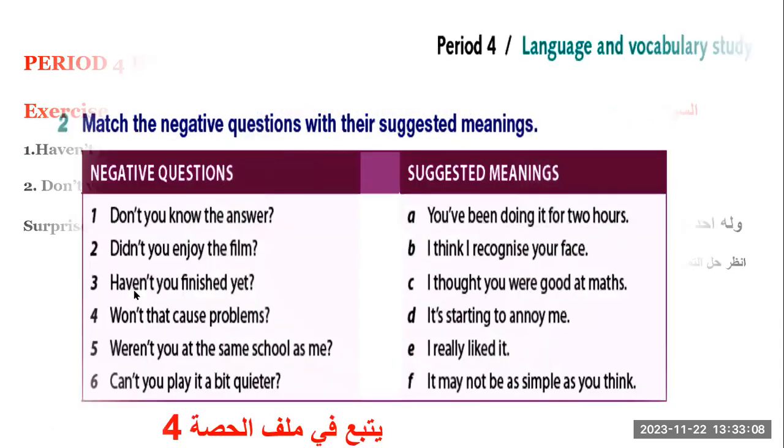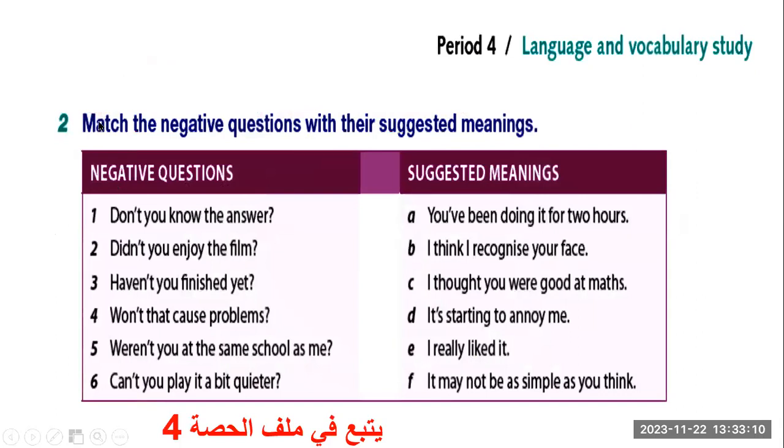Now on the next slide, this is the activity here. Match the negative questions with their suggested meanings. يعني من 1 2 3 4 5 6 بدنا نعرف المعنى هون شو هو. So if we look at number 1 and pause for a moment to find what's the meaning.